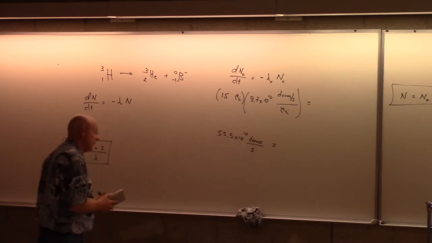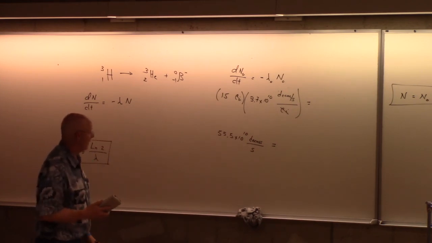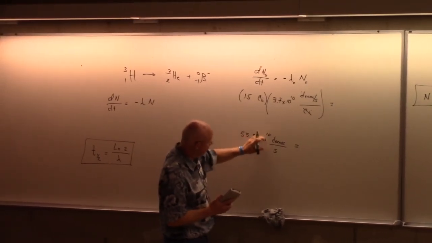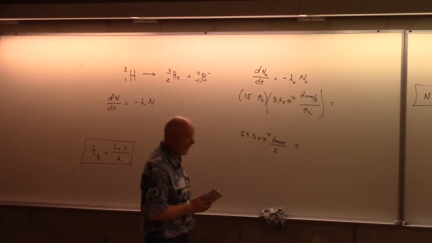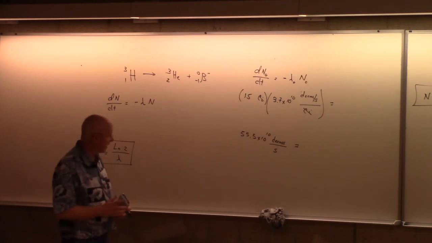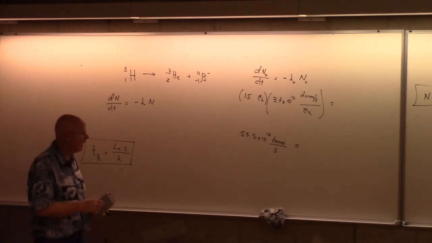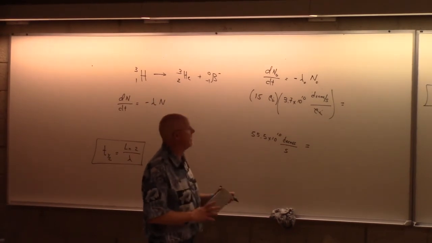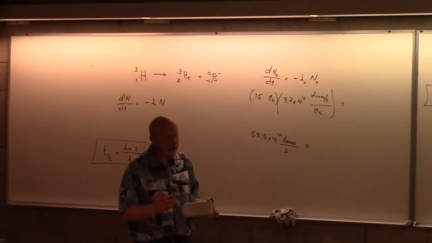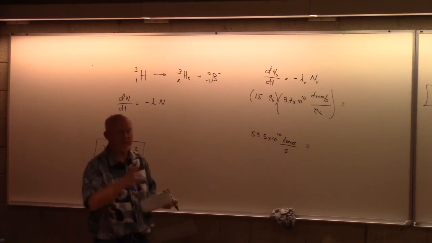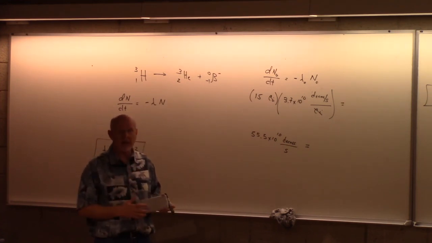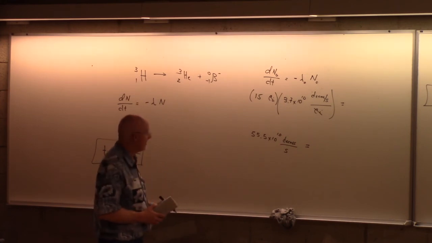So that's how many decays I have. Wow, that would be 555 billion beta particles coming out of this every second. I know it sounds like a whole lot, but hopefully you'll be surprised at how little this is, and so why this radioactive sample can actually last a really long time, for the life of the satellite. The satellite will die for other reasons, not because of the lack of tritium energy.